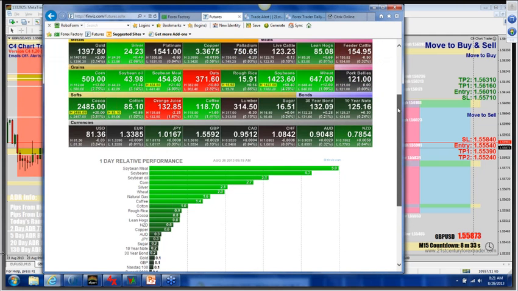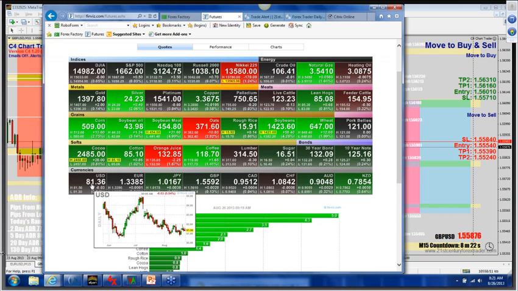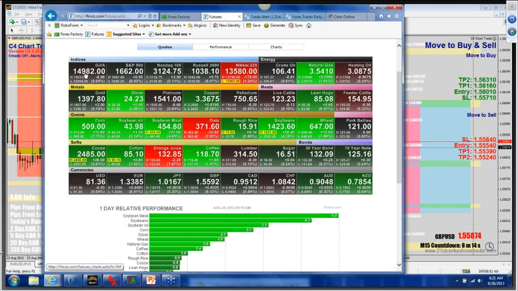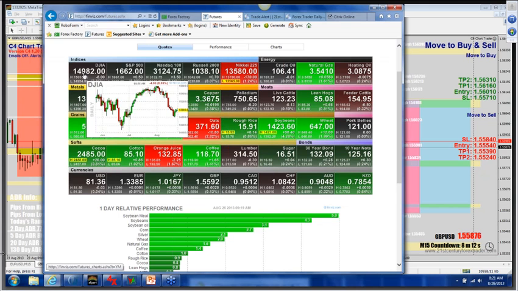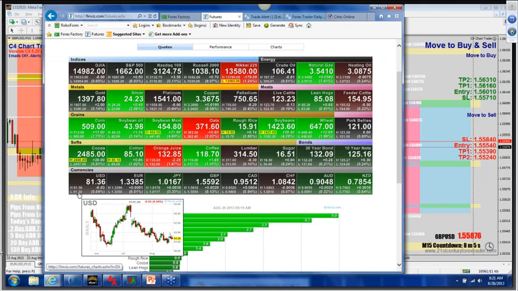But really this Dow is going to be the tell-off. If we break back above 15,000, we'll really see some weakness here. If this comes back up and reverses, back into the downward trend that we've seen over the past month, then we could see some strength in the dollar.